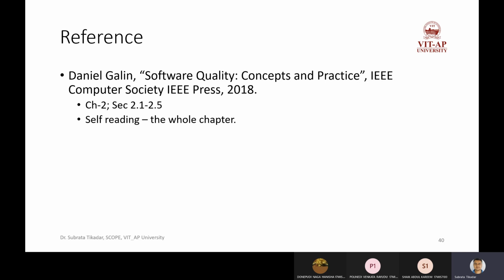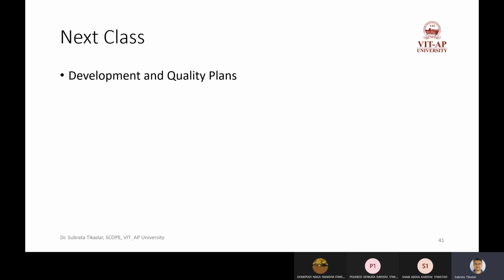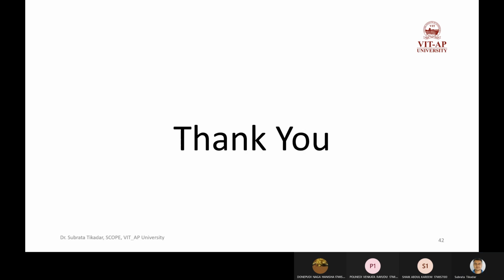You will have a clearer picture of this. In the next class we will learn about development and quality plans. Till then, thank you. If you have any specific query, you can ask.